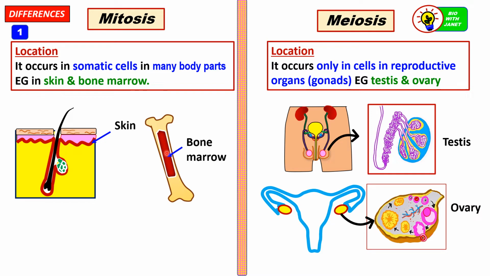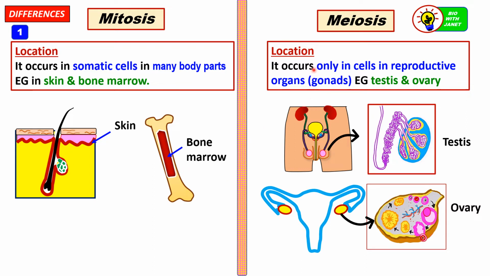For example, red blood cells, white blood cells, and platelets are produced to replace those blood cells that have died, that is in the blood, right?